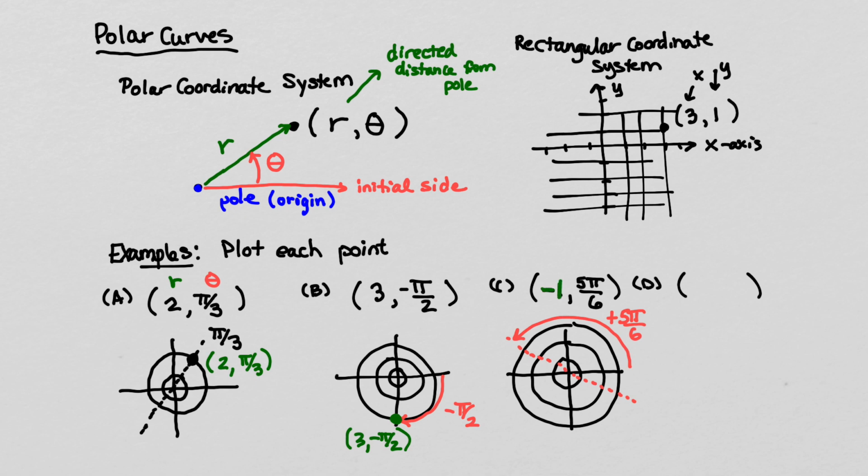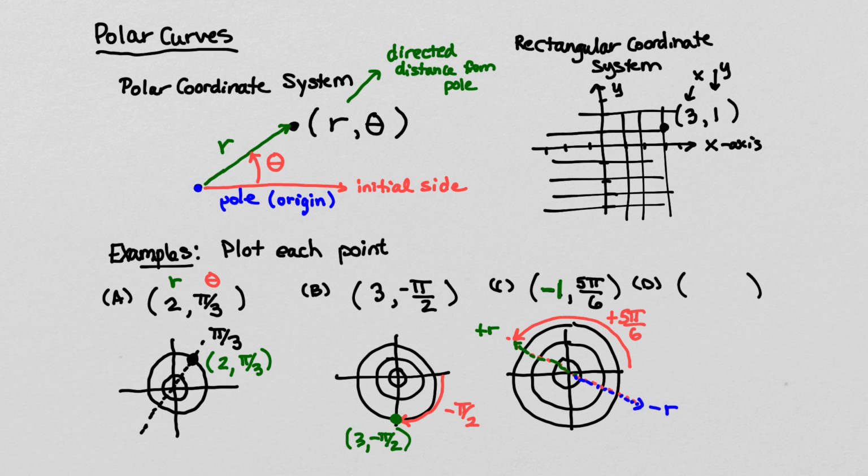When we talk about positive radiuses, they go in the direction of the angle, right? So positive radiuses would be heading towards 5 pi over 6. Negative radiuses actually go on the opposite side. So you head to 5 pi over 6, and then if you want a negative radius, you have to go to the opposite side.